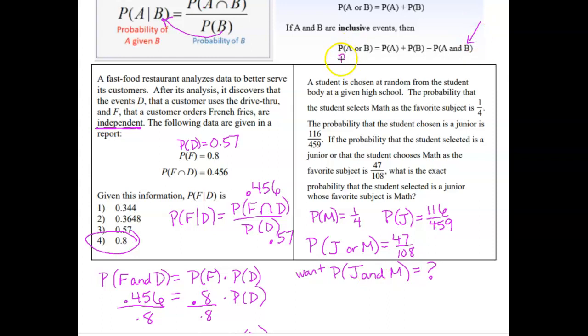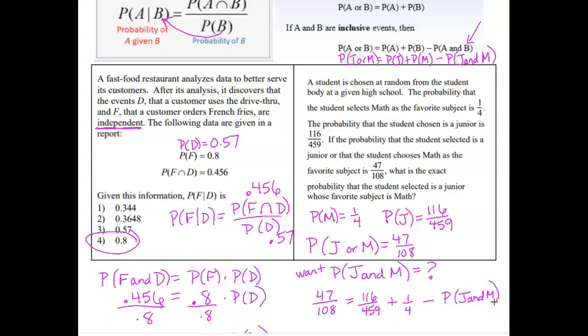So we want P of J or M equals P of J plus P of M minus P of J and M. So junior or math, we've got 47 out of 108 equals, the J is this, plus P of M minus P of J and M. Okay, so I am going to go ahead and take those.